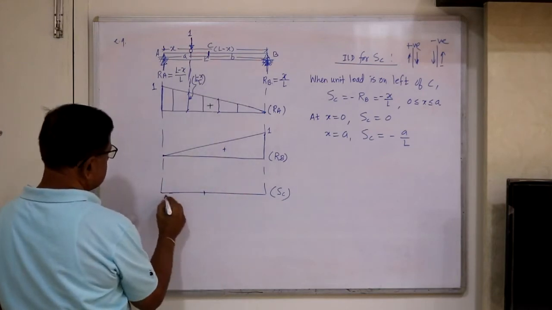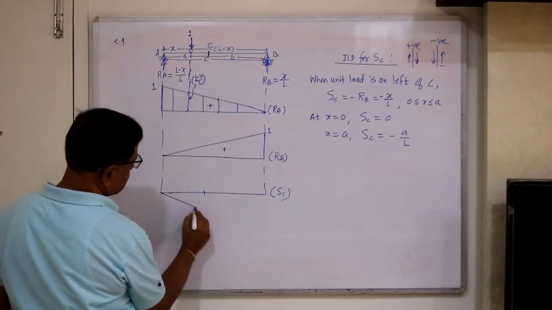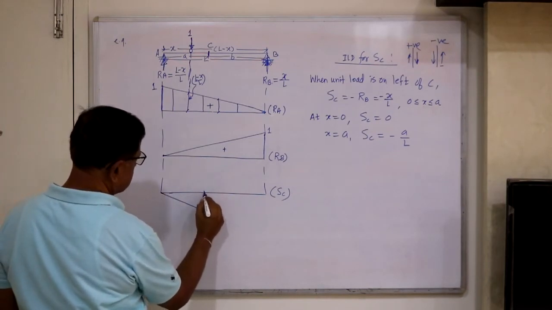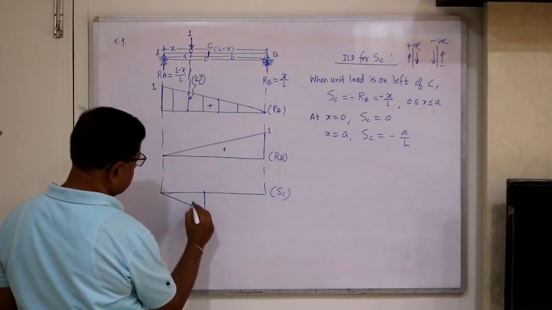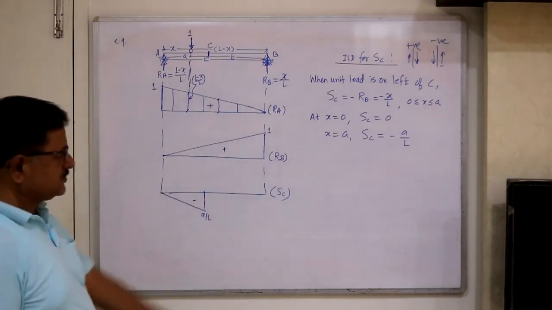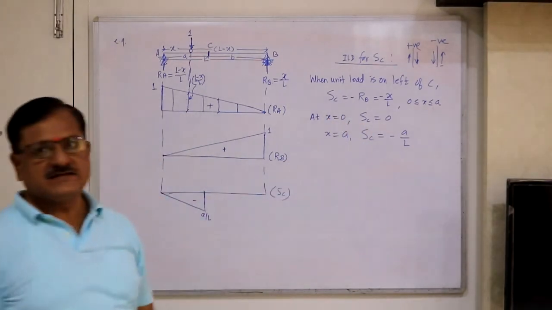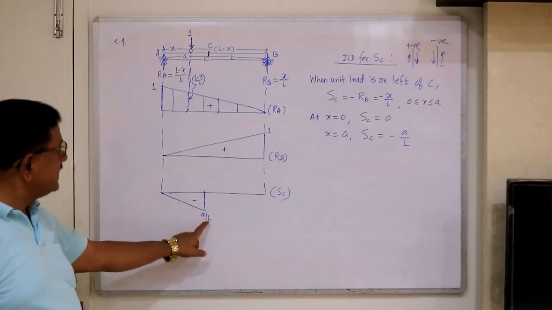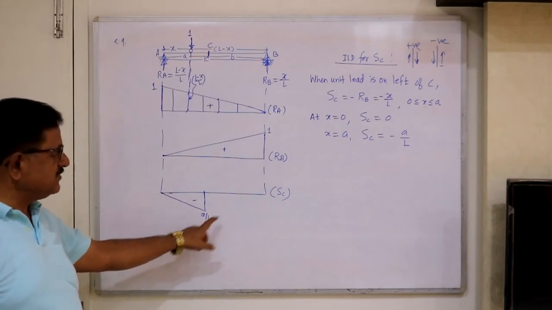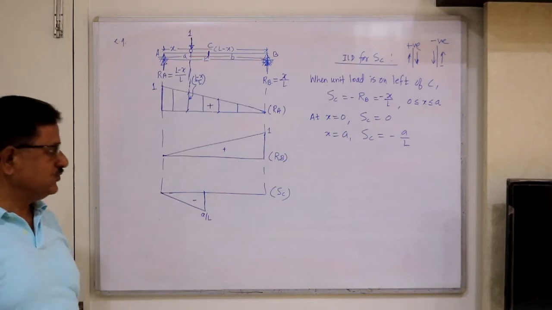Say this is A, with 0, and this is a by L, and this is minus. So when the unit load is at A, shear force is 0. When the unit load is at C, shear force is minus a by L, therefore downward.